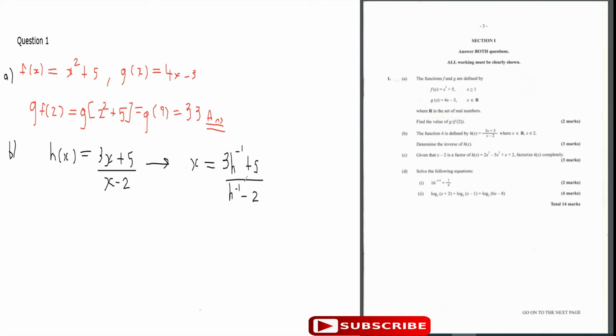We're trying to make h inverse the subject, so cross multiply. So we're going to get x h inverse minus 2x is equal to 3 h inverse plus 5.